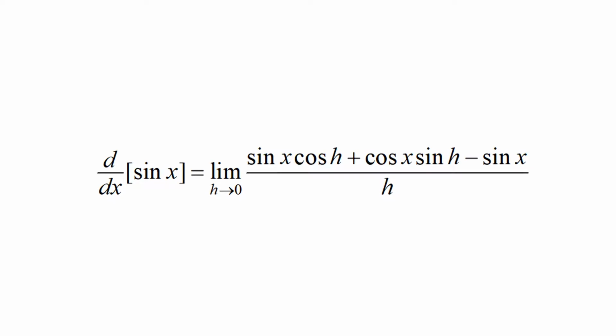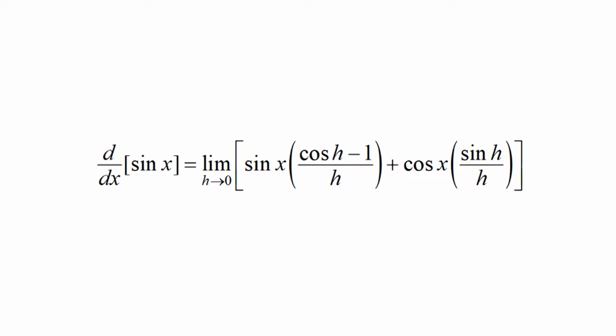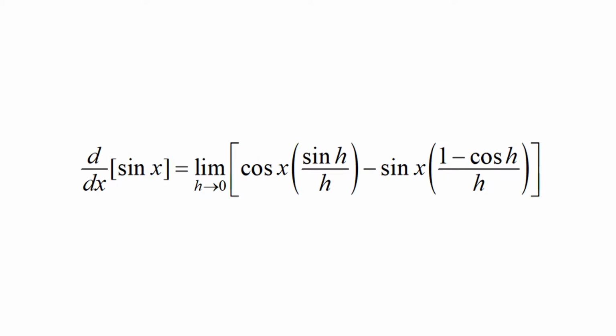By bringing common factors together, we obtain d by dx of sin x equal to limit h tends to 0 of sin x into cos h minus 1 whole divided by h plus cos x into sin h by h. A rearrangement gives d by dx of sin x equal to limit h tends to 0 of cos x into sin h by h minus sin x into 1 minus cos h whole divided by h.